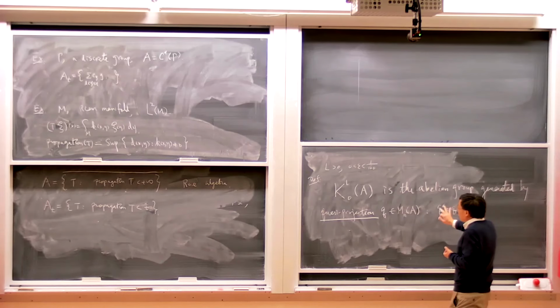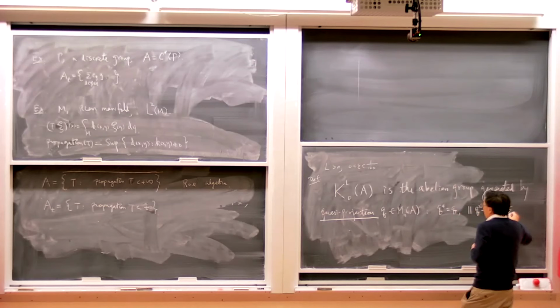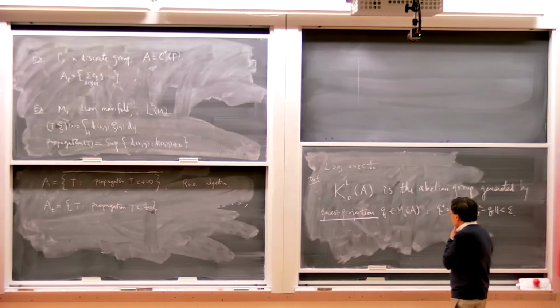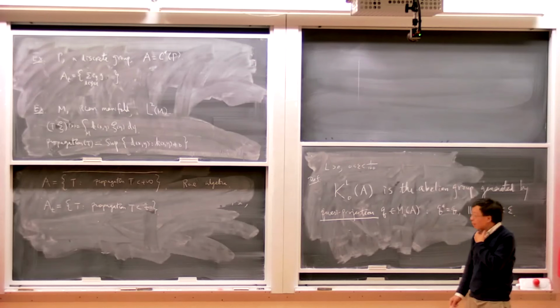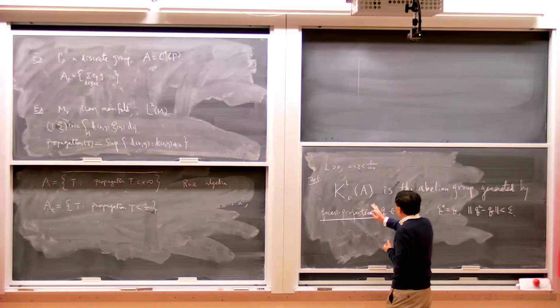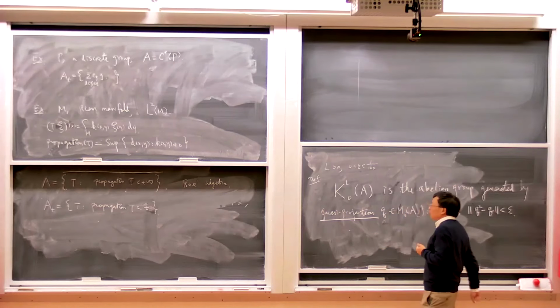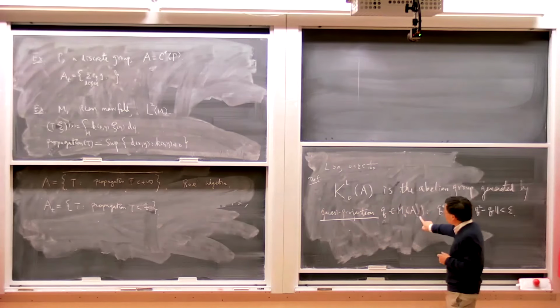So for simplicity, we focus on C*-algebras. So to say it's a quasi-projection, it means it's very close to a projection. Oh yeah, you're right. Q is very important here. So it's controlled by this L.